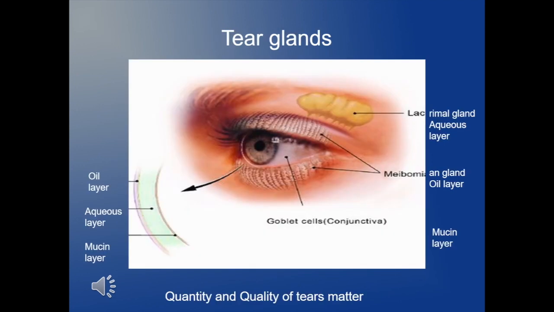These layers come from different eye glands. Each of these layers are required to provide proper lubrication. When the tears are doing their job, we hardly think of them.